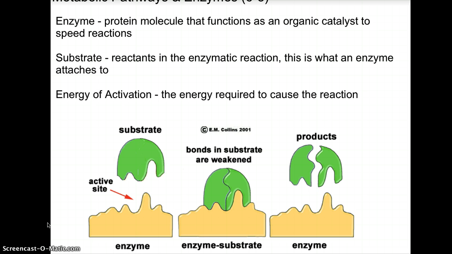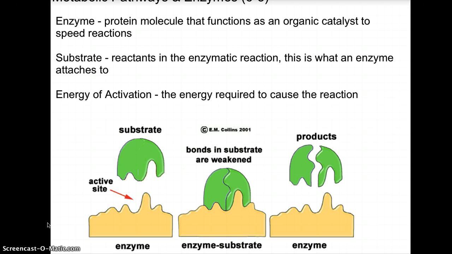And those foldings create this little site on it called the active site. And the active site is where the substrate's going to bind. The substrate to an enzyme is the reactant in a chemical equation. So reactants in the enzymatic reaction, this is what an enzyme attaches to. So basically what enzymes do is they lower the energy of activation.